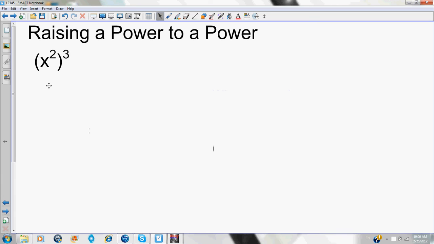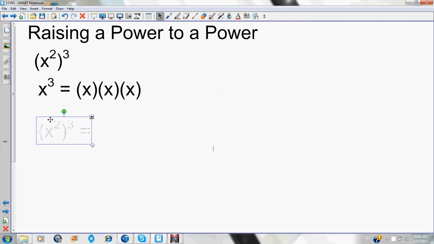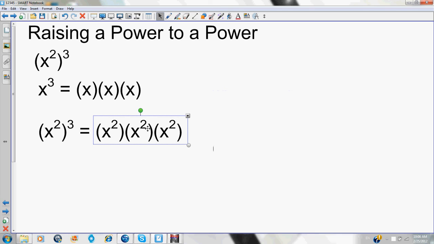But let's look back in just a moment. If we had x cubed, or x to the 3rd, that would mean to multiply x times x times x. So if you've got x squared to the 3rd, that means you're supposed to multiply x squared times itself 3 times.